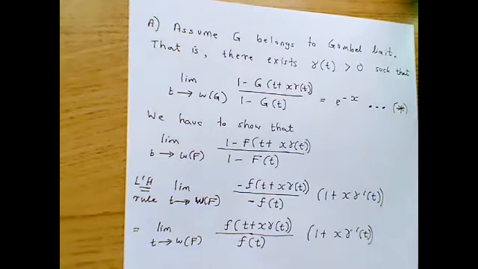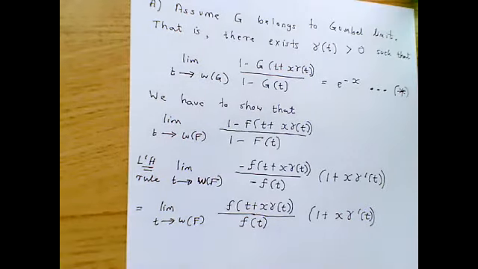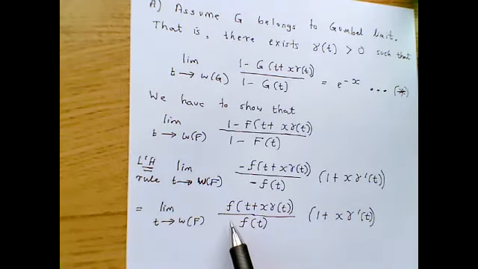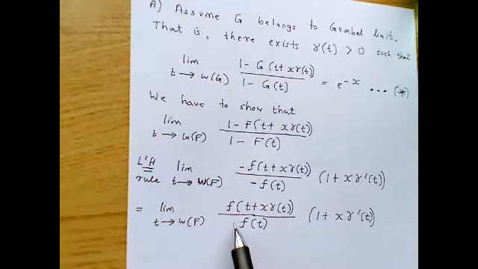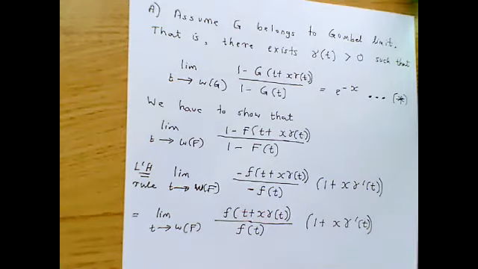Okay. All right. In the next step, I'm going to use the formula for little f. You should read the question, guys. The question gives you a formula for little f in terms of G, right? So what I'm going to do in the next step is to replace this expression and this expression by what is given in the question, guys.